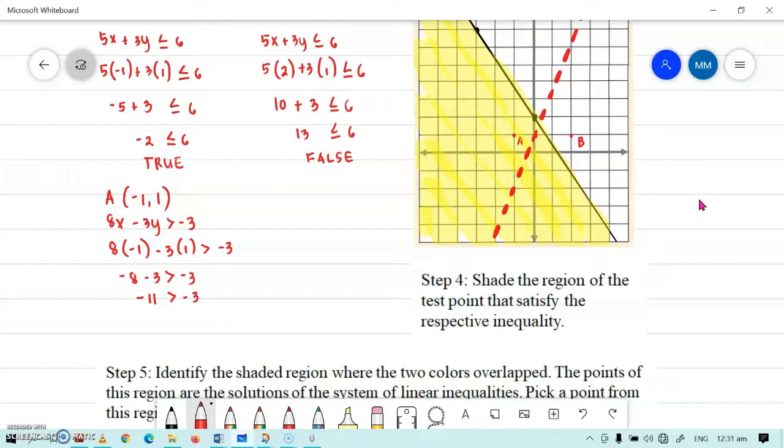Now, is -11 greater than -3? No. So meaning to say, this is false.